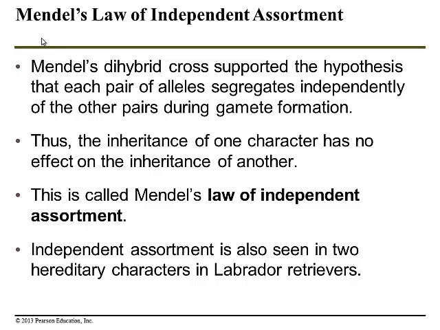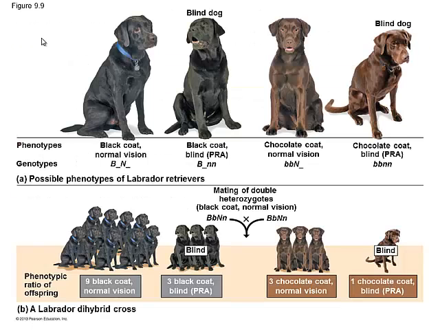Independent assortment is also seen in 2 heredity characters in Labrador retrievers. Cute little puppies. Now, coat color versus vision. So we have a dog, black coat, normal vision.